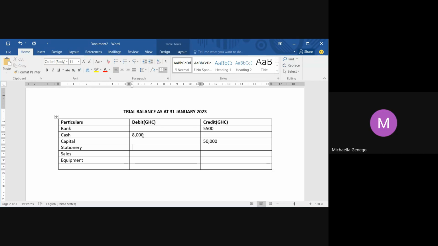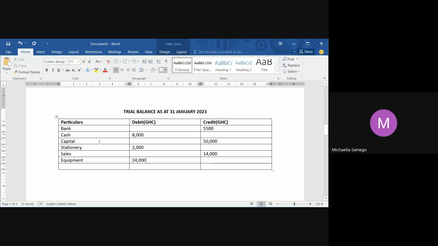What's the amount? 2,000. Sales, debit or credit? Credit. What's the amount? 14,000. Equipment, debit or credit? Debit. What's the amount? 24,000.